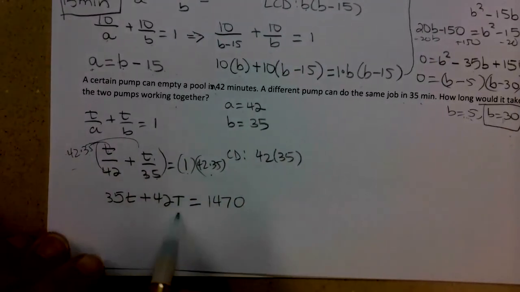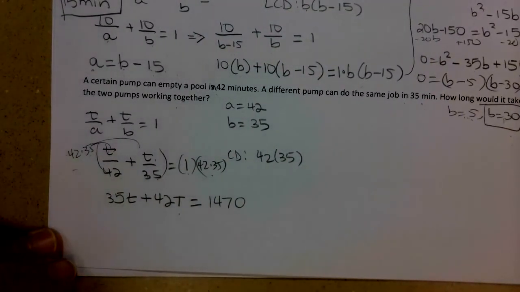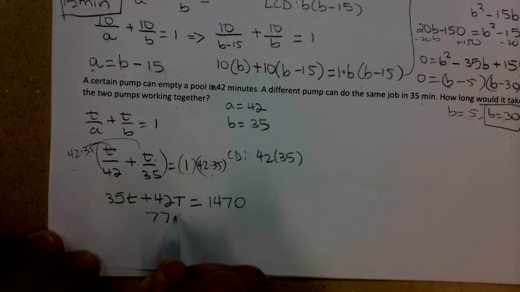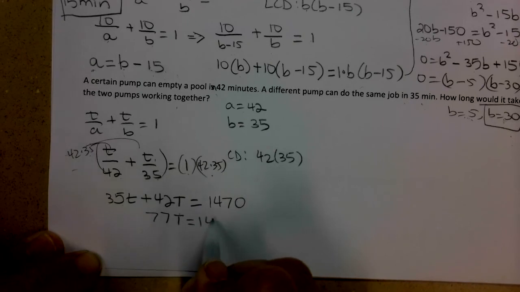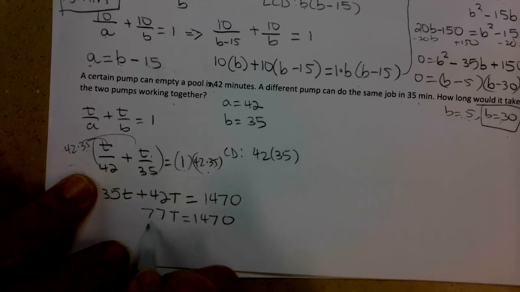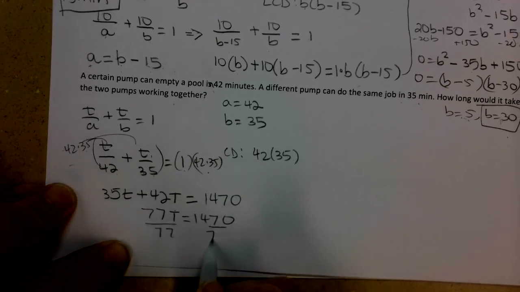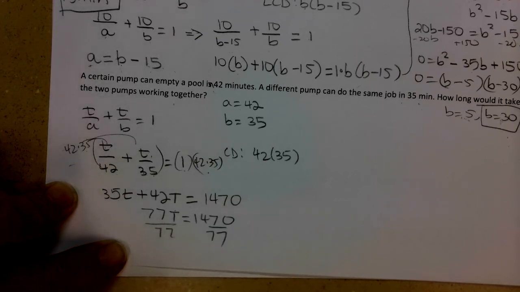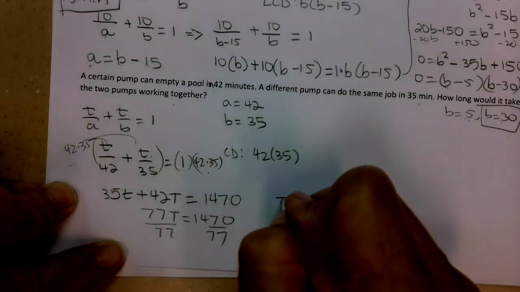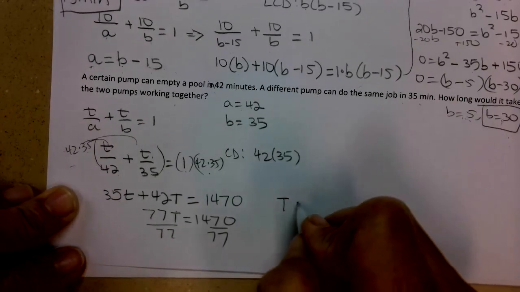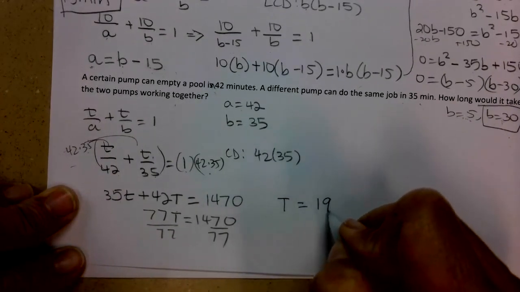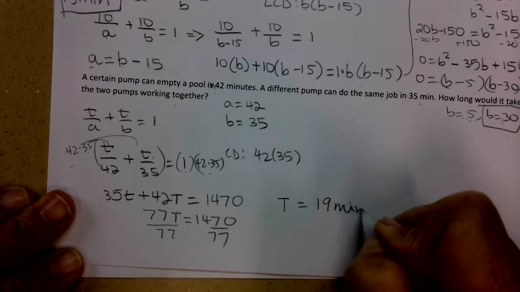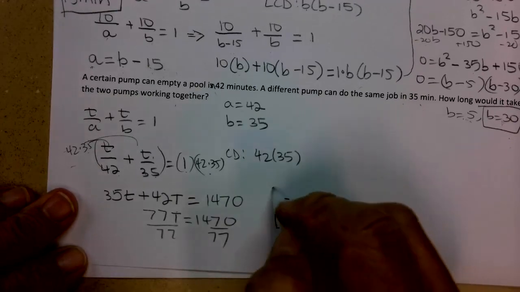So then add those two together, so 35 plus 42 is 77t equals 1470. So divide by 77. So it looks like our time together would be 19 minutes and a little change, a little over 19 minutes.